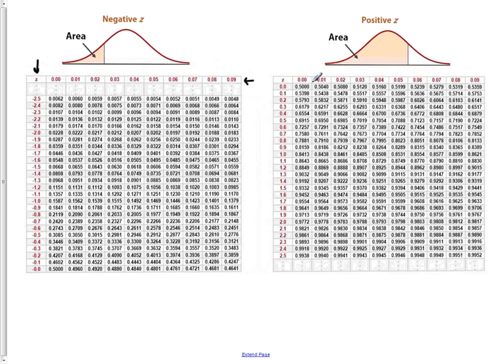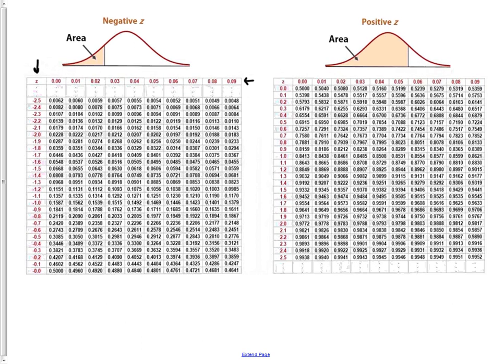Just a couple of notes about the little diagrams up on top to help you figure this out. A negative z-score is one in which the z-score is to the left of the mean. If our z-score is to the left of 0, we're going to get a negative z value, and you can see that's where this is.